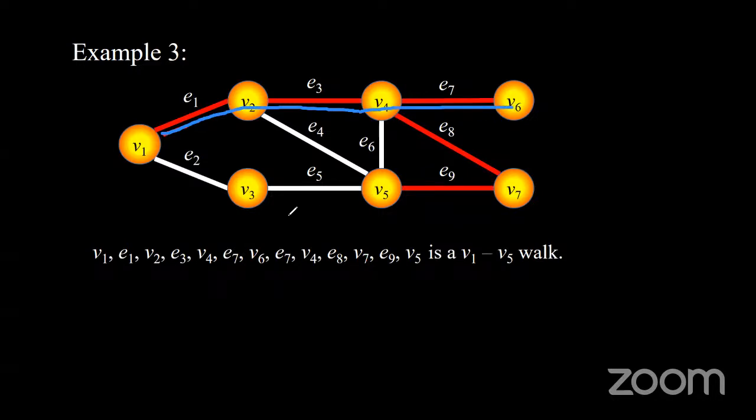And then it goes back to E7 again, back here, and then it goes here and goes there. So this is a walk. Now the question is, is it an open walk or a closed walk?